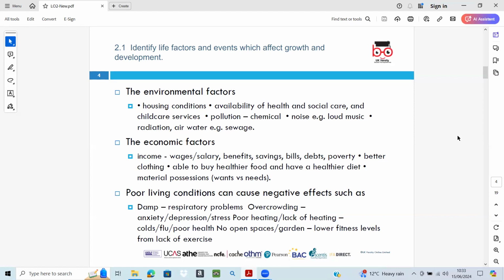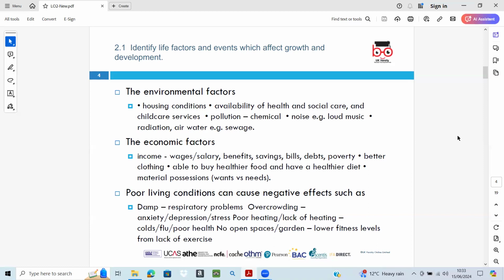Then we have overcrowding as well. Overcrowding reduces personal space and it could lead to stress and mental health issues. Then we have poor heating, lack of heating. We have gone through all of this in the previous slide.